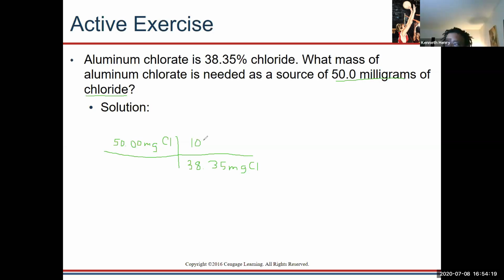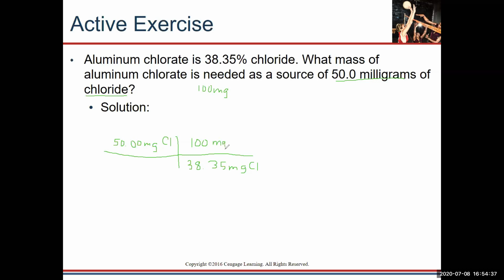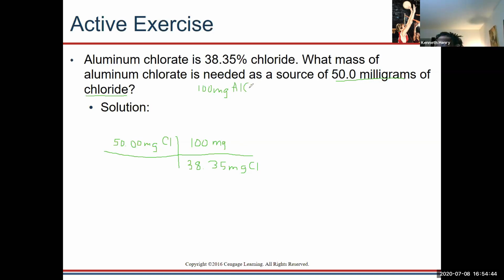So we're going to make an assumption. I have 100 milligrams of aluminum chlorate. What does aluminum chlorate look like? It would be AlClO3, right?